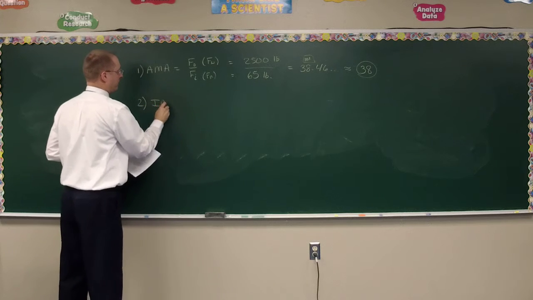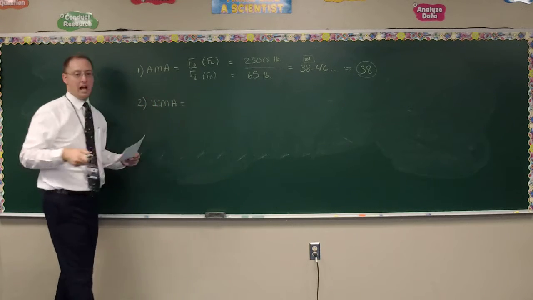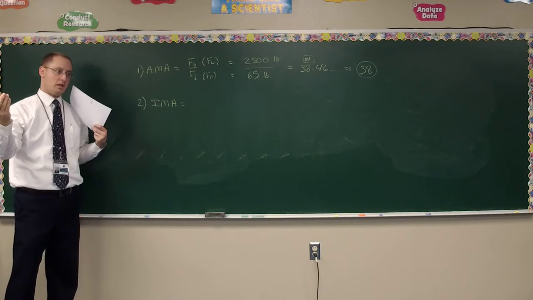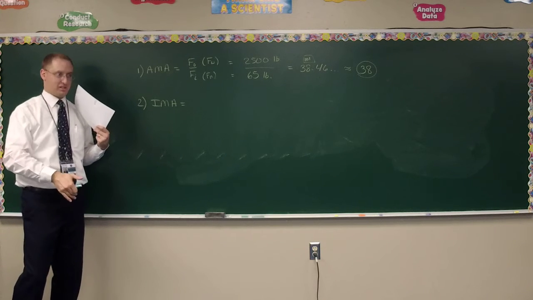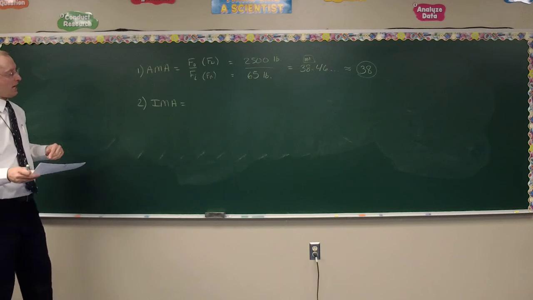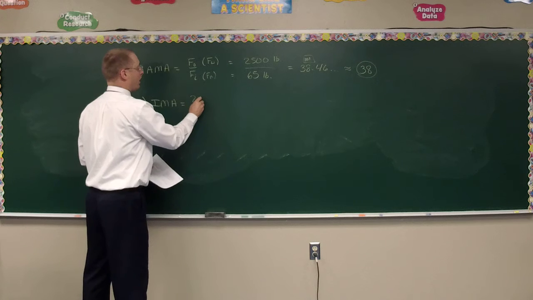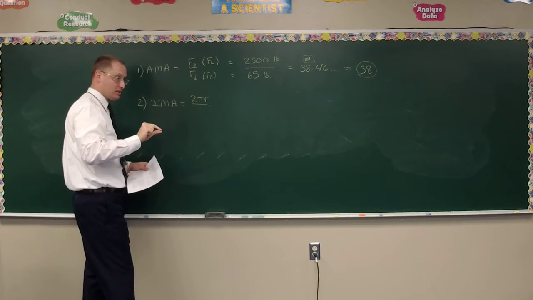We need the IMA. And we said always, always, always, IMA is a ratio of input distance to output distance, right? But for the screw jack, we said the input distance is 2 pi r. And we said the output distance is 1 pitch.